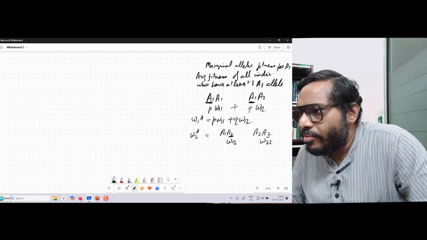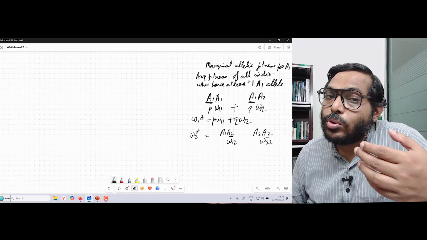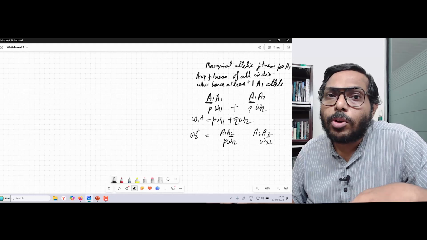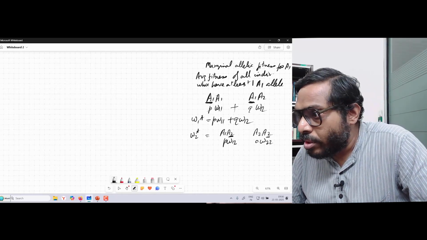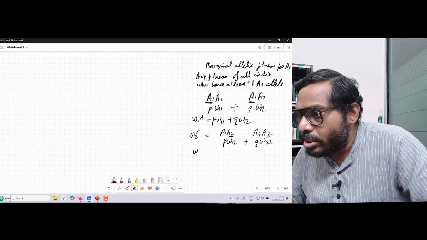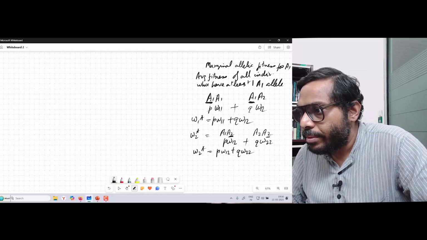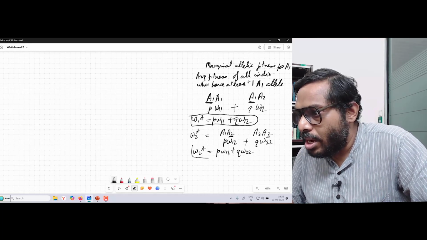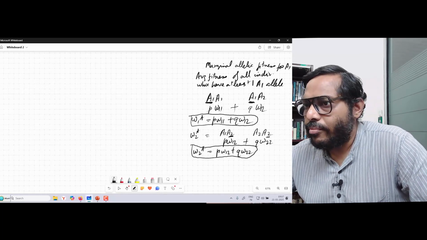Given that one allele is A2, the probability that the other allele is A1 is the frequency of A1, which is P. The probability that the other allele is also A2 is the frequency of A2, which is Q. So, W2 star is equal to PW12 plus QW22. Although it is not entirely clear why we need these two quantities, it will become clear in a few minutes.